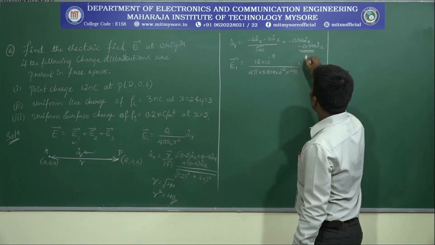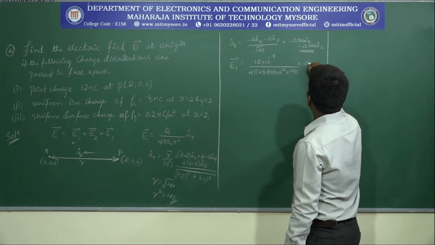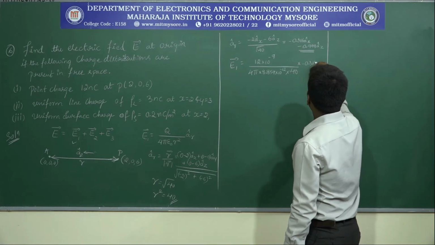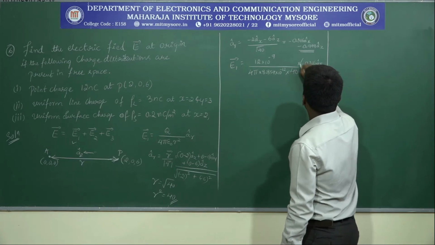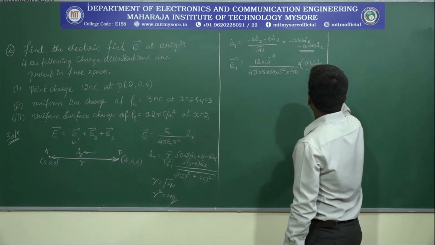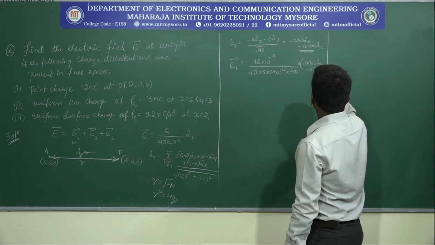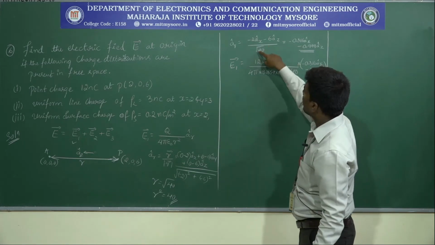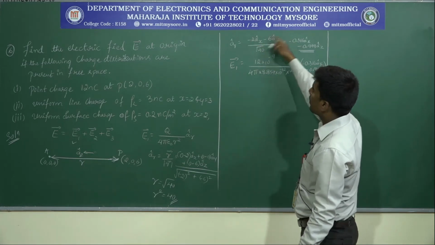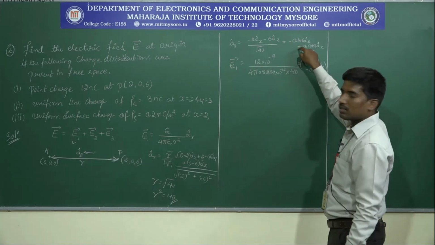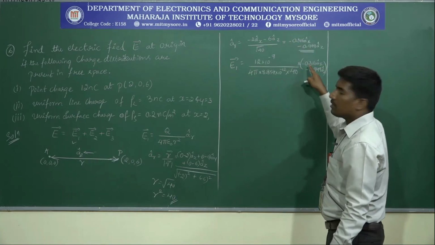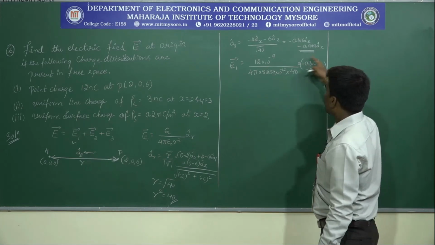Into 40, a cap r is this much: minus 0.316 a cap x minus 0.949 a cap z. After taking root 40 into the numerator, 2 divided by root 40 and 6 divided by root 40, we have got this term. So after solving this, we have got this quantity.